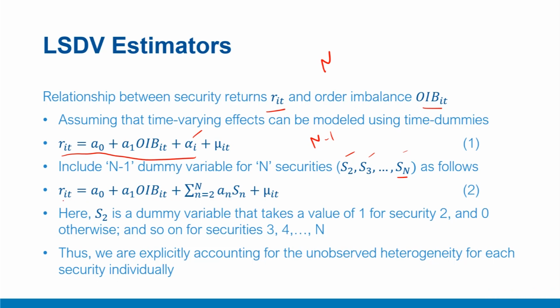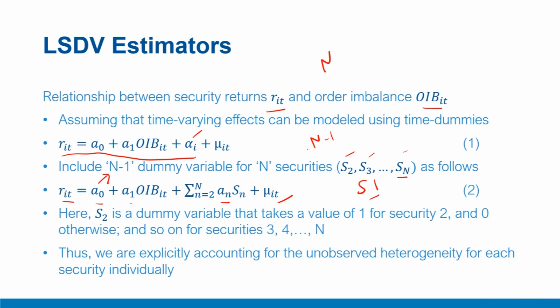And the resulting model will appear like this: R it equals alpha naught plus alpha 1 into OIB it and so on, summation alpha n into Sn plus mu it. Mu it is the error term here. Notice that we have not accounted for S1, the first dummy, which will be specifically loaded on this alpha naught. So the effect of the S1 dummy will be loaded on alpha naught.